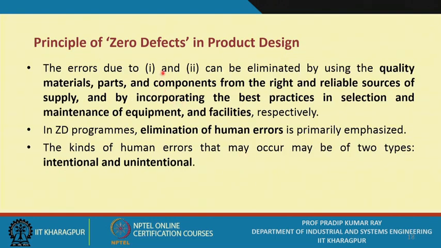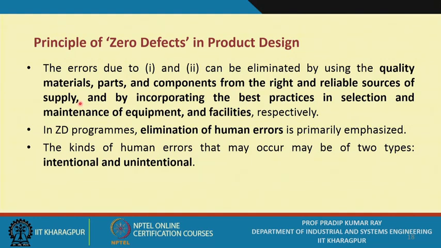Now, this point is to be noted: the errors due to 1 and 2, that means due to materials or due to the equipment, can be eliminated by using quality materials, parts and components from the right and reliable source of supply. I have already mentioned the principles of supplier selection.